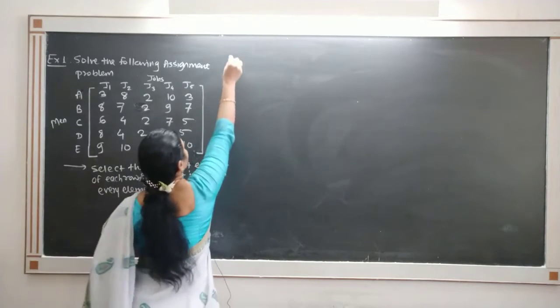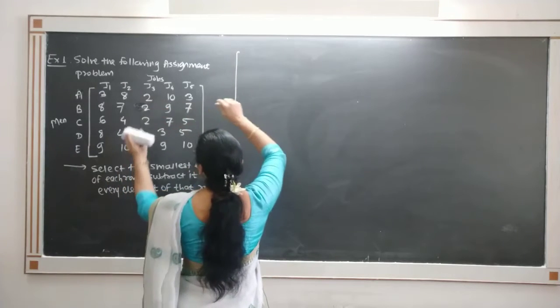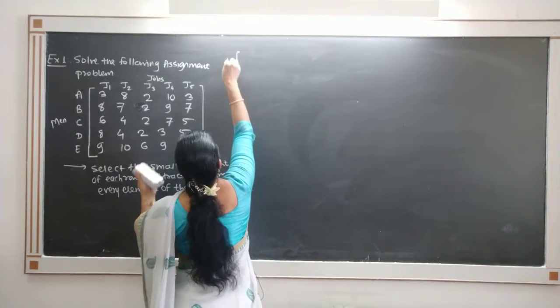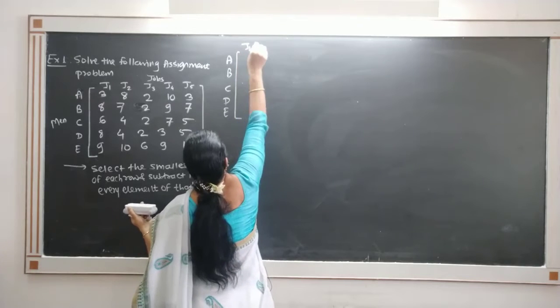So we get the reduced matrix as, so from the first row the smallest is 2, so we subtract that.